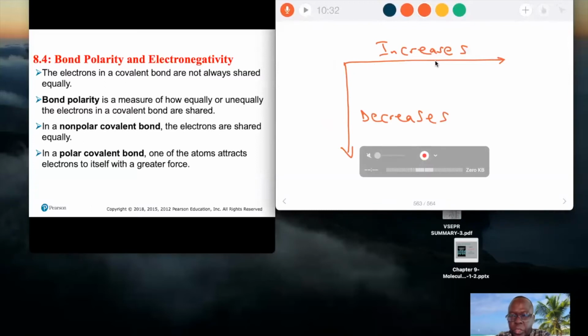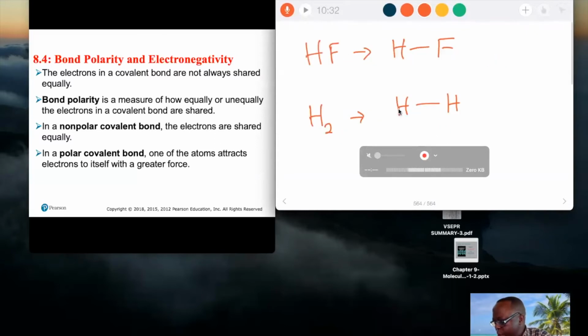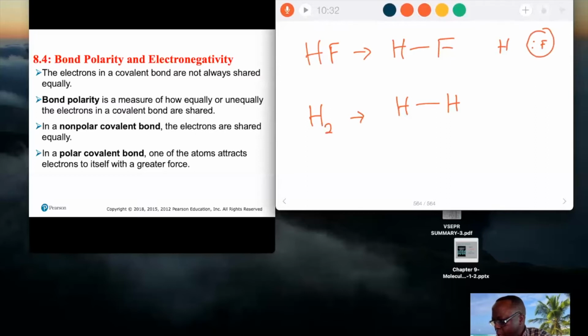If you see the trend on the periodic table, if hydrogen is on this side and fluorine on this side, the sharing of electron here is not equal. I can represent this that the shared electrons spend more time closer to fluorine, as opposed to in this one, where there is equal sharing of electron.